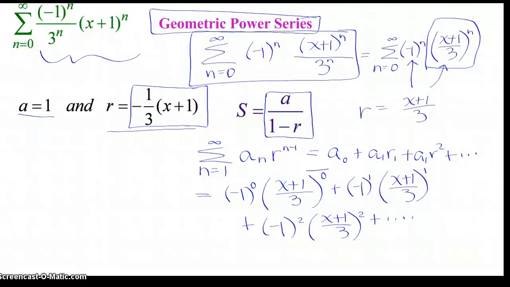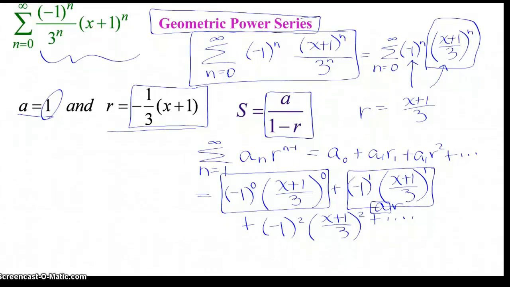So you can clearly see that the first term is indeed 1. That's not an issue. And the second term, which is a times r, is where they're getting their r from. If a is 1, then r has to be that term. That's where they're getting this from.